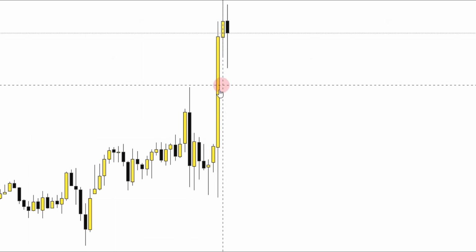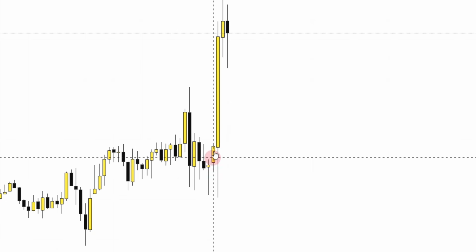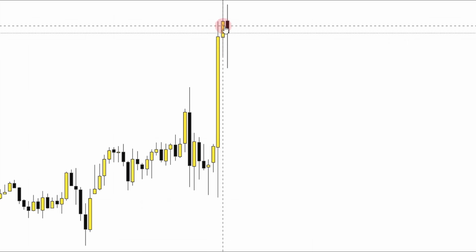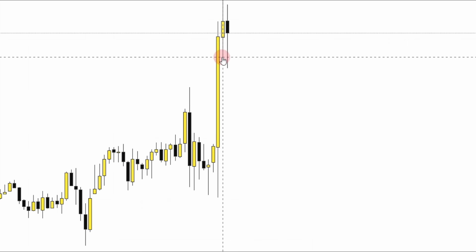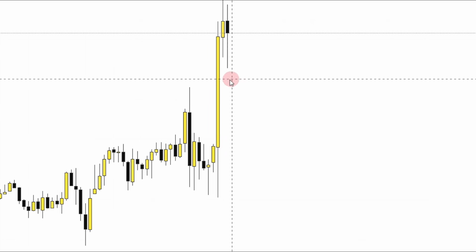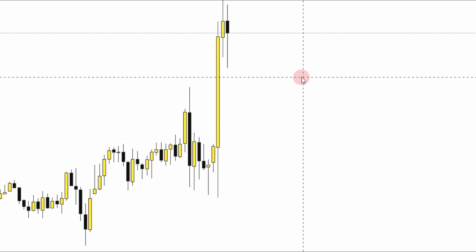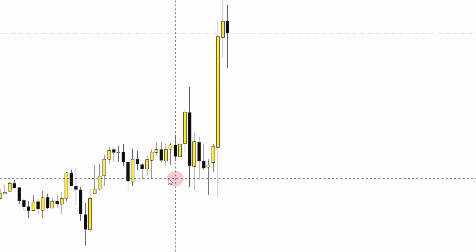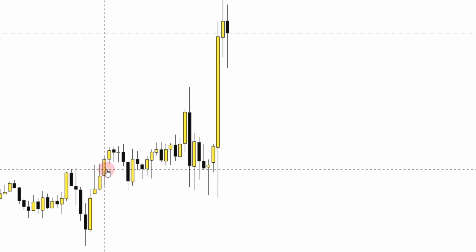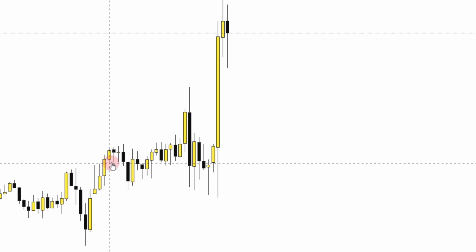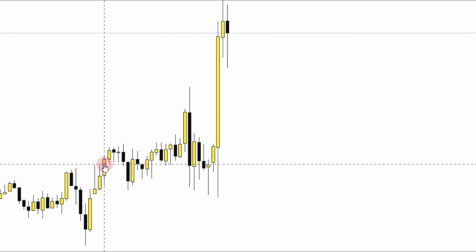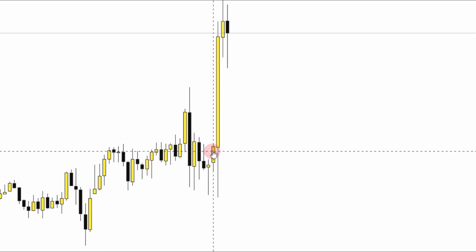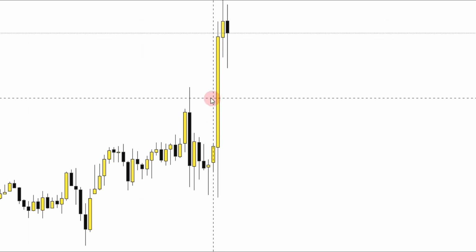This is the imbalance I was talking about. When you look at the first candle, the second candle and the third candle, at the opening of the third candle, there is a blank space here. I want you to look at these three candles. When you look at the close of the first candle and the open of the third, you see there is no space between the middle candle.